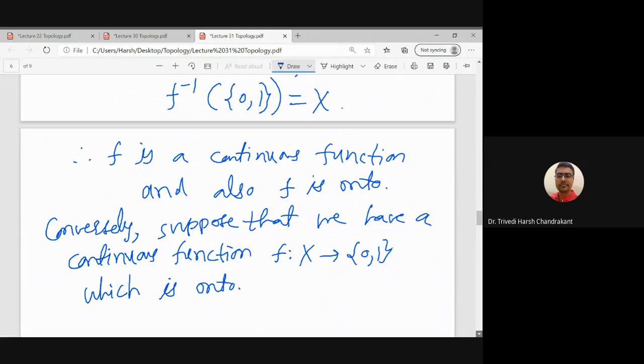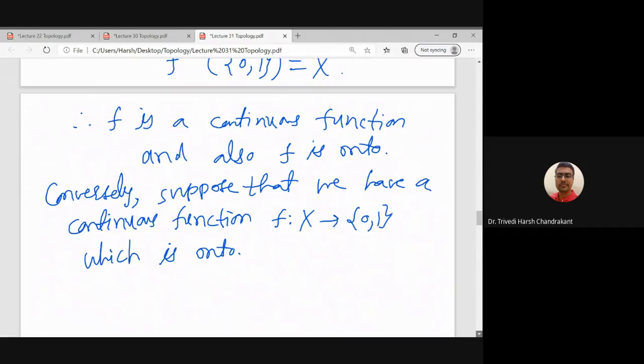I have a function which takes values in 0 and 1, which is continuous, defined on X, and it is onto. So what I want to show is that X is a disconnected space. So let us assume that X is a connected space and then we will find a contradiction.